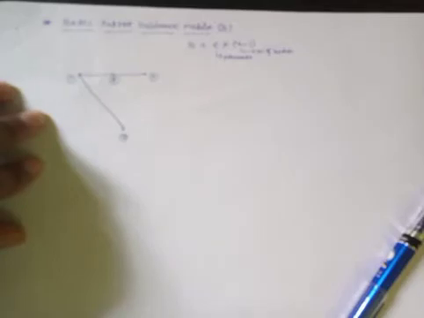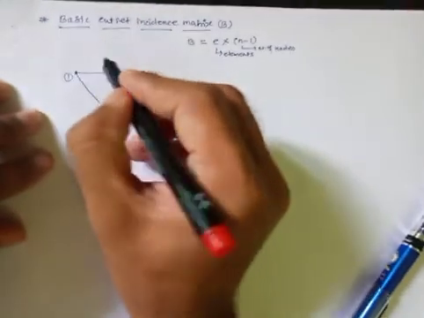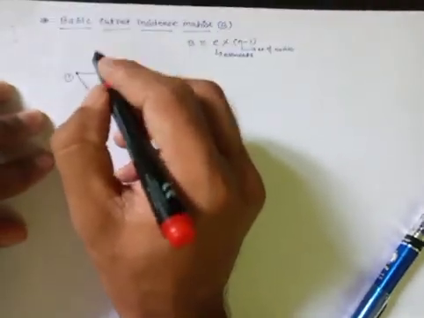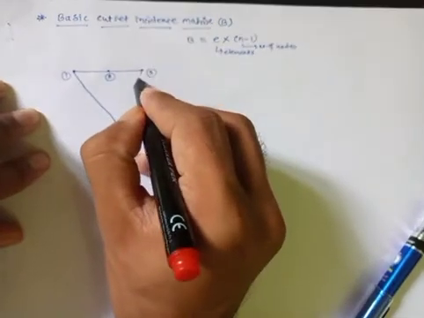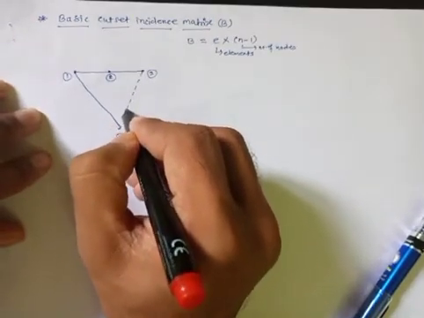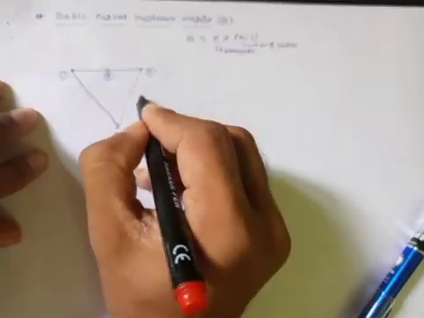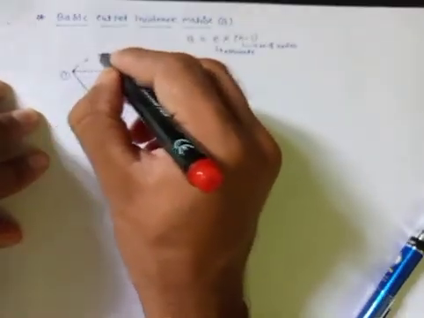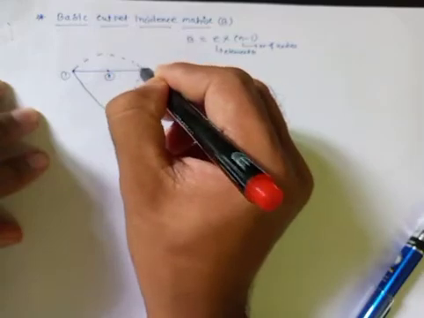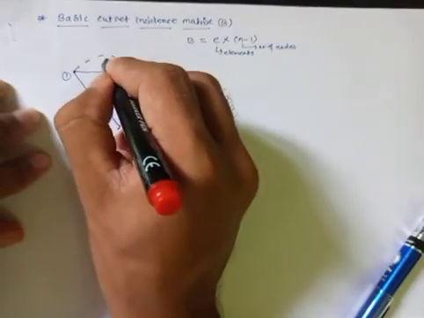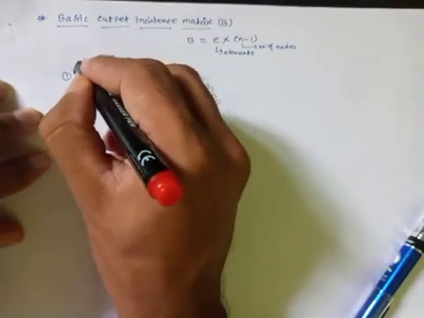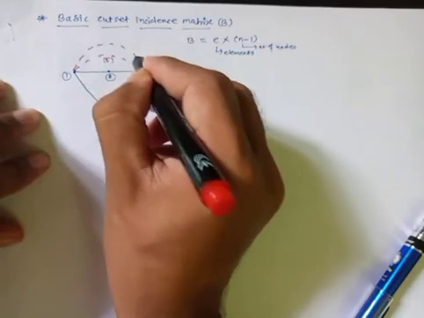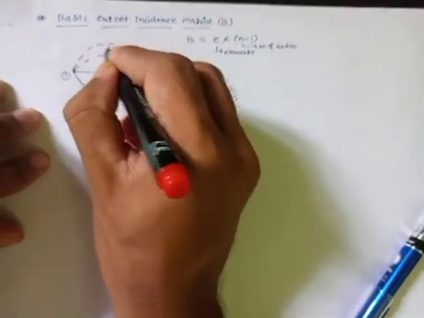And there are other elements which will act as links. This one is your element number 4, this one element number 5, and this one element number 6.